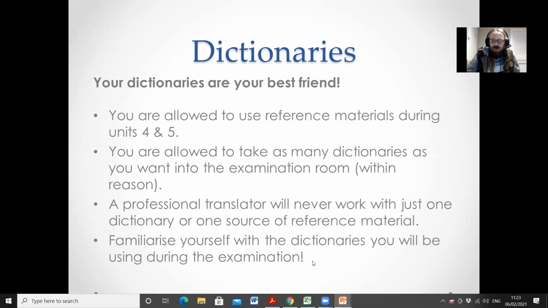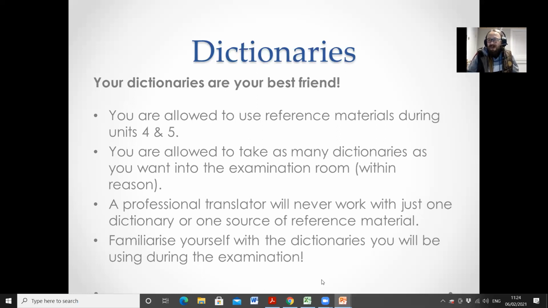I know dictionaries can be expensive, and I would never recommend that you spend a lot of money on dictionaries, especially if you can't afford it, because it might be something you use once and never again. There are different places you can find dictionaries, and we can talk more about these later in the course. But you might want to borrow them from libraries. If you do, once again, try to borrow recent editions if you can.